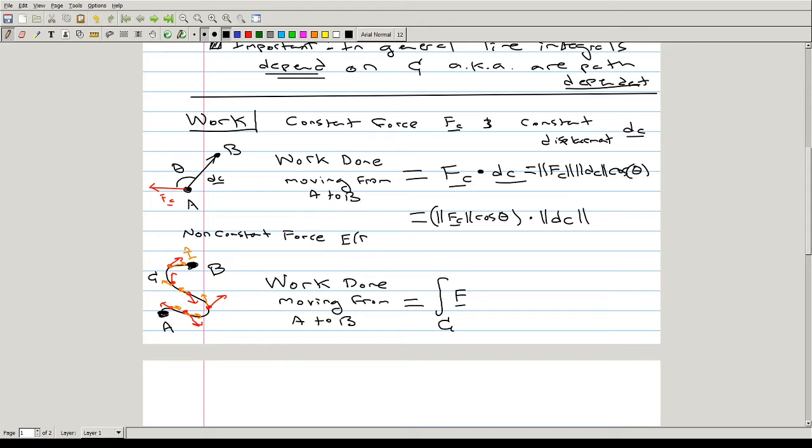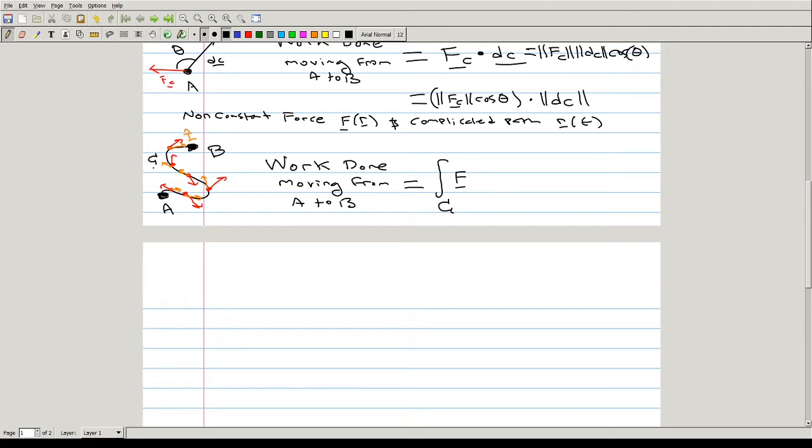This is the more general case of a non-constant force field F of r, and also a possibly very complicated path. We'll parameterize this by r of t.